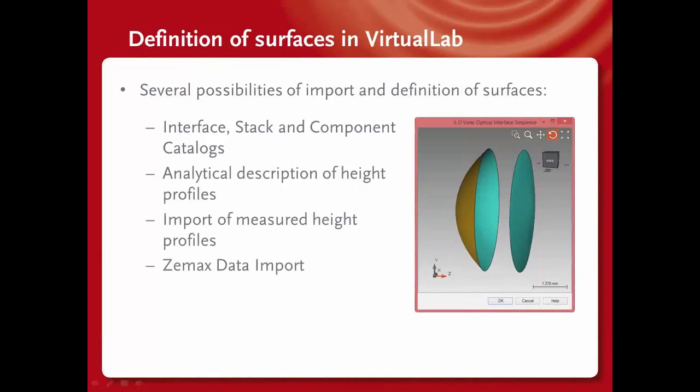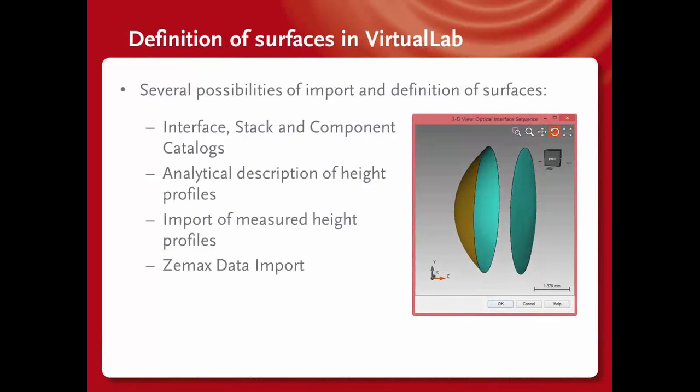Also here, VirtualLab gives you the great possibility to define and import plenty of different optical surfaces and materials. For example, we have again several catalogs: an interface catalog, a stack catalog, and a component catalog where you can import predefined optical components.